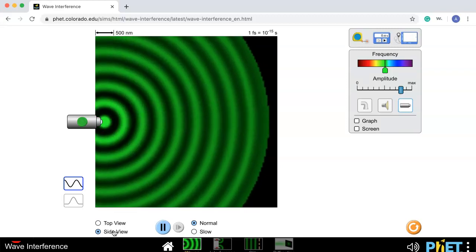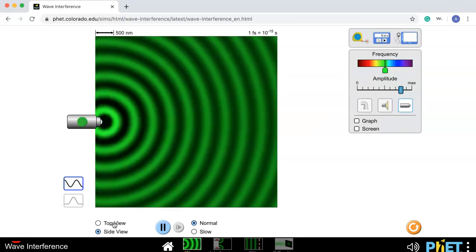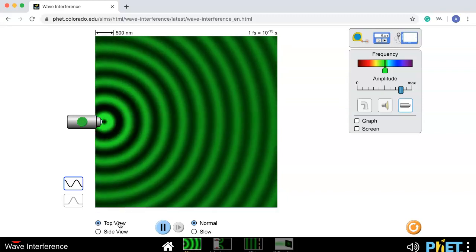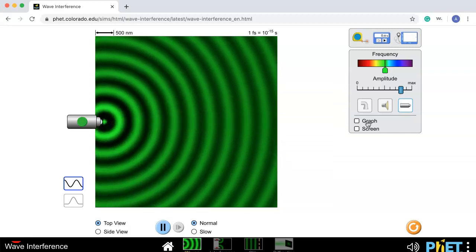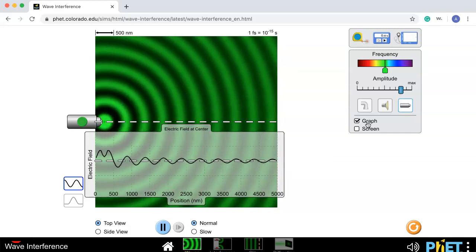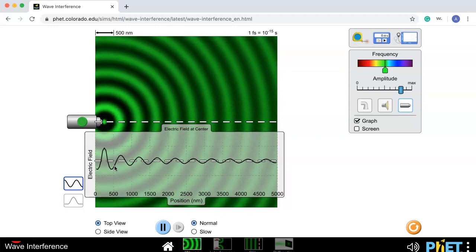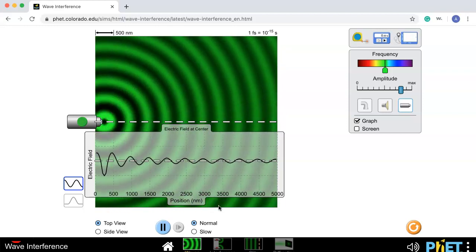Again, that's three-dimensional. Can think about a graph also, seeing both of them together, right? Along this line, that's what it looks like.